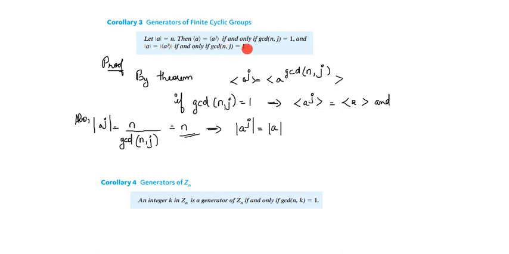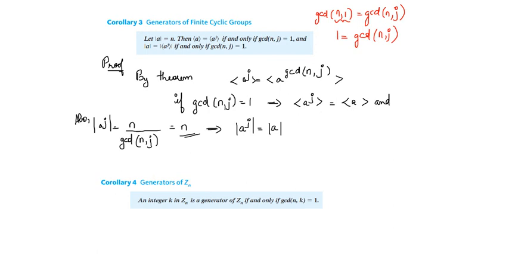There is nothing new here. In the second corollary, instead of i, you just replace 1 there. So you will get GCD of n and 1 is equal to GCD of n and j. The GCD of 1 and n is 1 itself. So 1 is equal to GCD of n and j. So this corollary 3 follows from corollary 2.